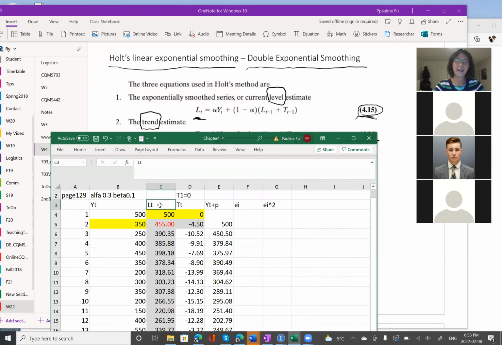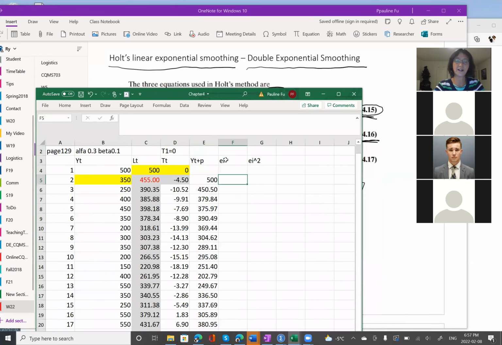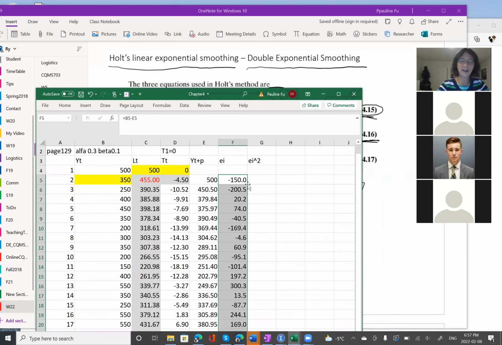So once you get L, T, and Y hat represents the forecast value, you can calculate the E_i. Okay. So E_i equals the original number Y minus the predicted Y hat. That is your E_i. Then double click, and you get all the E_i.